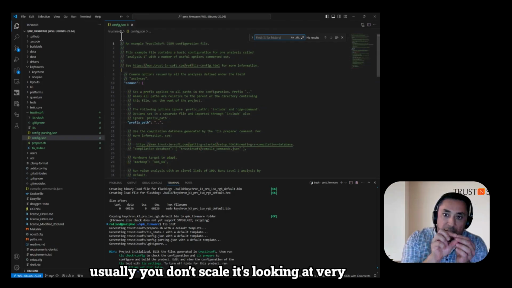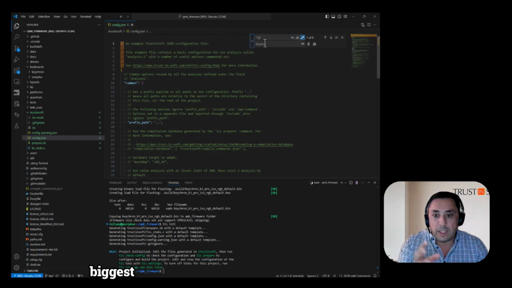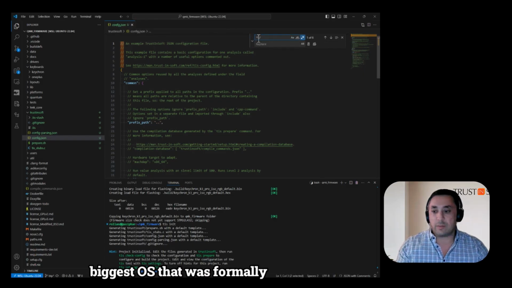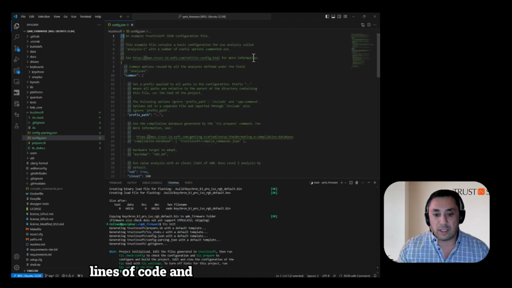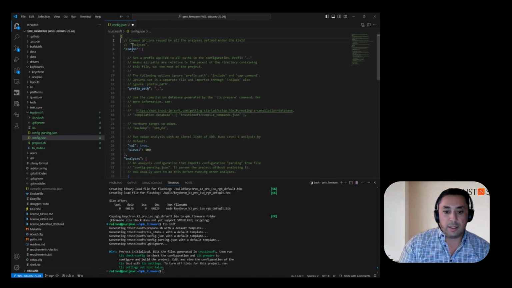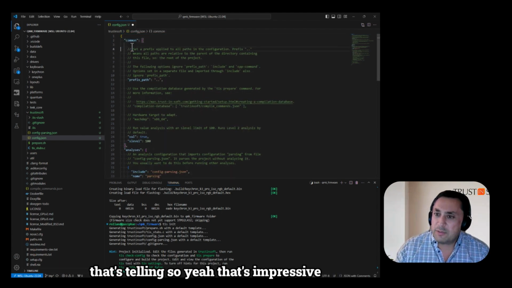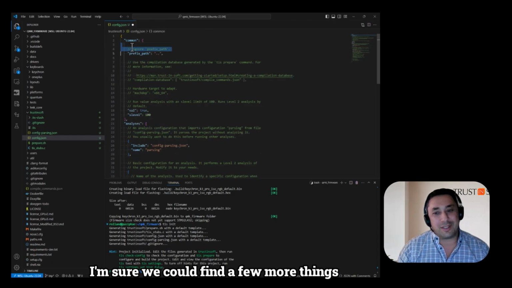It's looking at very tiny pieces of code, like tens or hundreds of lines of code. The biggest OS that was formally verified is about 7,000 lines of code. And here it's a complete firmware that we could take on in less than an hour. So that's telling. And I'm sure we could find a few more things there.